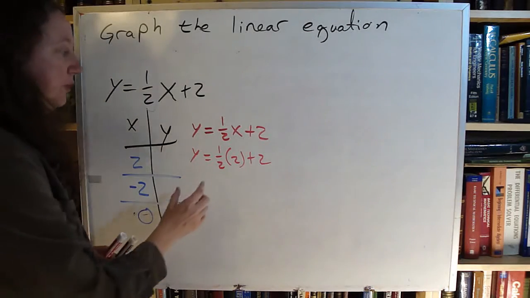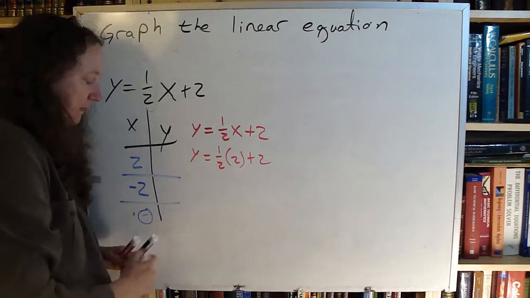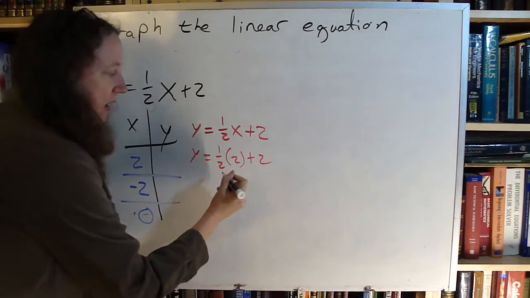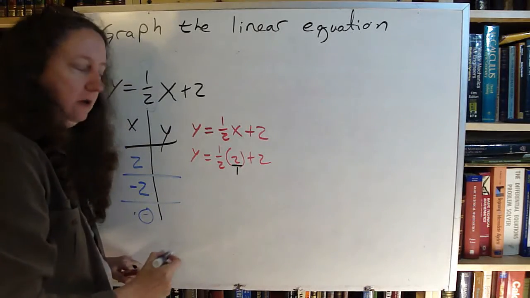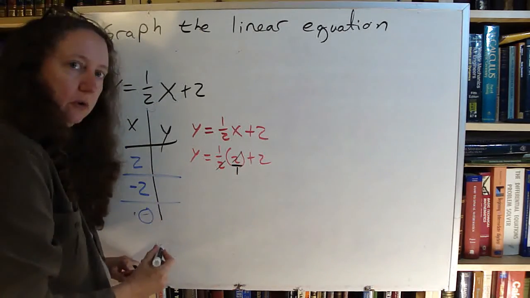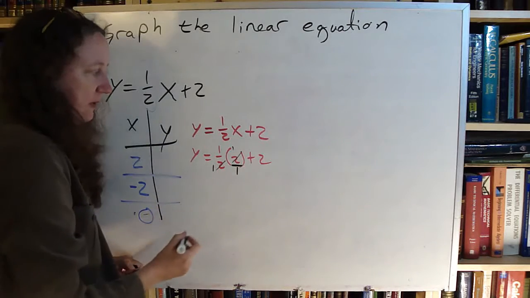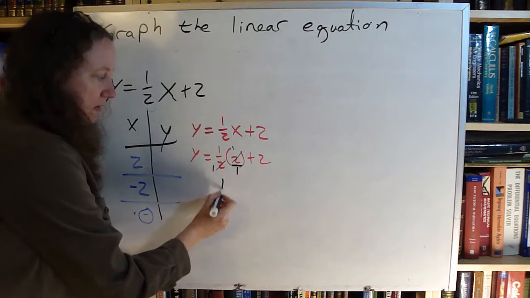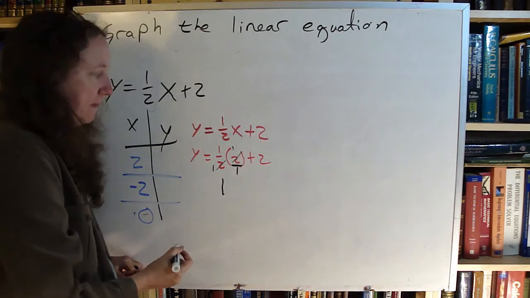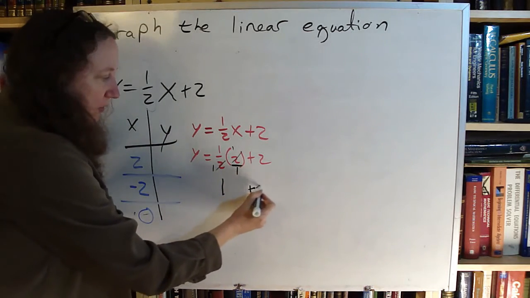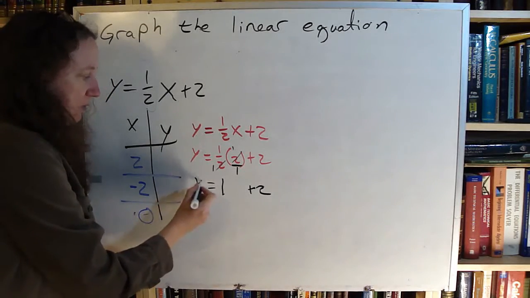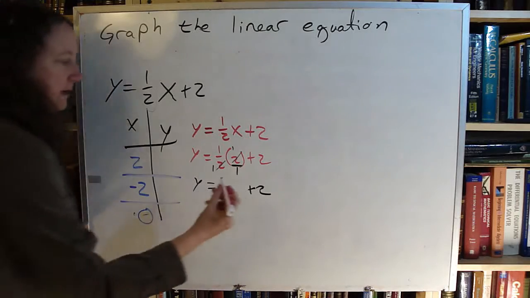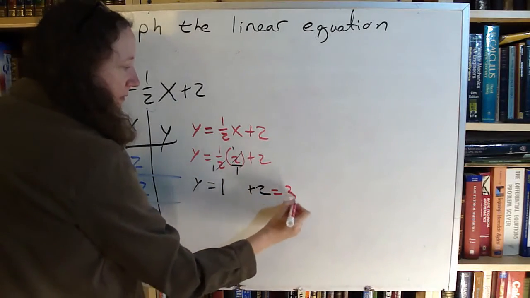So the reason why I'm using the denominator, if I'm doing this in my head, I can then put that 2 over 1. 2 cancels 2. And I have 1 times 1 is 1, over 1 times 1 is 1, giving me 1. And then I carry down my plus 2. Carry down my equals y. Finish that up. I get 3.